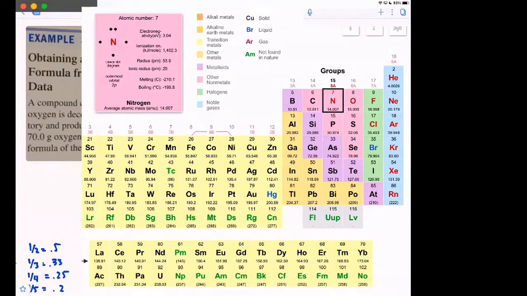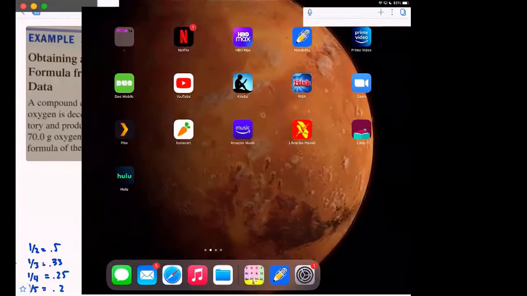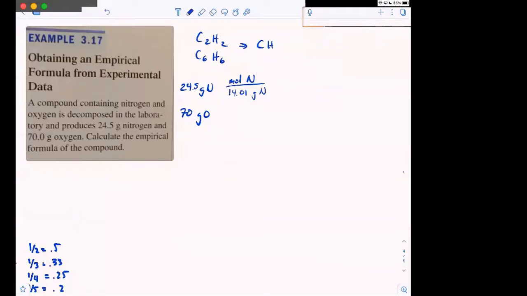Let me look at the textbook here. This one says 14.01. So that's where I get the number from, the bottom number of the periodic table. And same thing with oxygen: 1 mole oxygen to 16 grams oxygen.